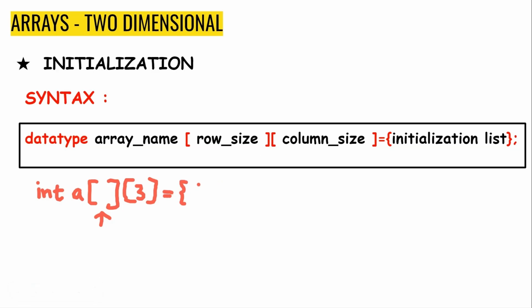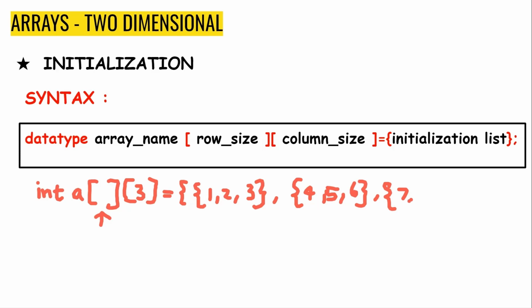The first row again I am enclosing within another curly bracket, 1, 2, 3. The second row 4, 5, 6. Third row 7, 8, 9. So here we have initialized all the values for each row. In that case, it is not mandatory to specify the row size, but the column size is mandatory.